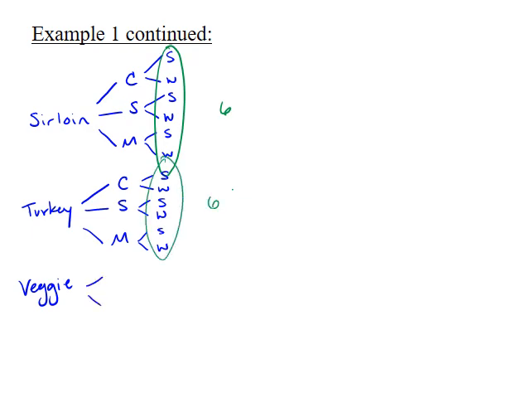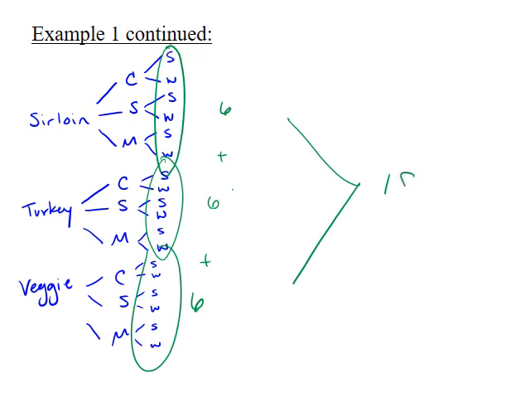And then, you probably guessed it, this one also has 6 choices. So if I add these all together, there are a possibility of making 18 different burgers. See if you can give this a try.